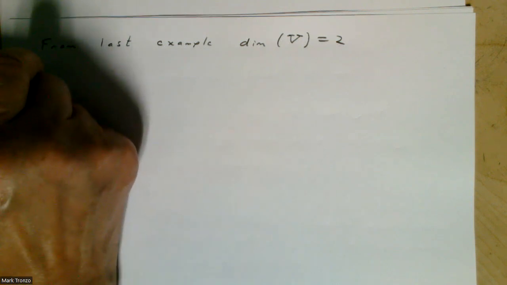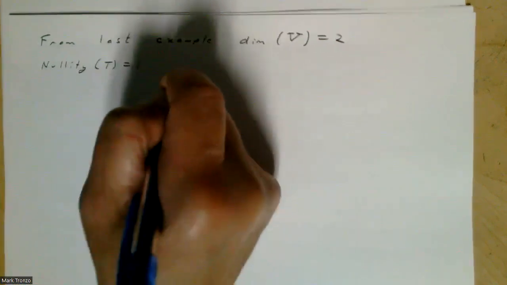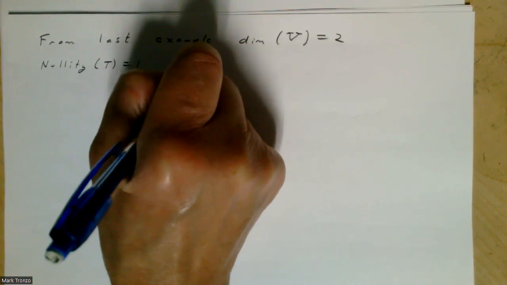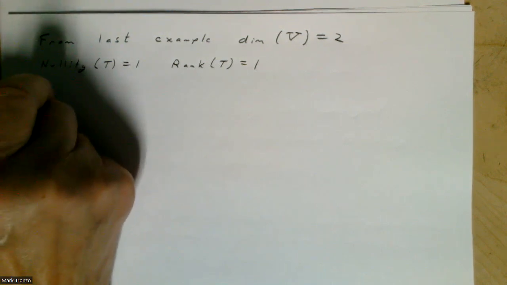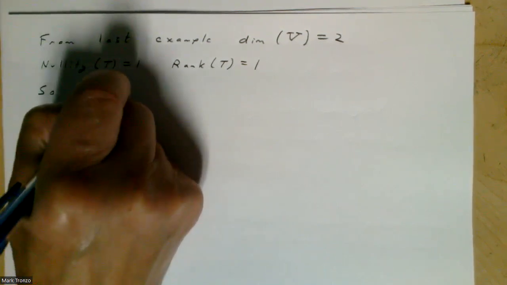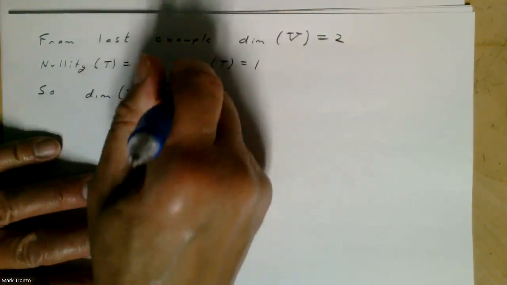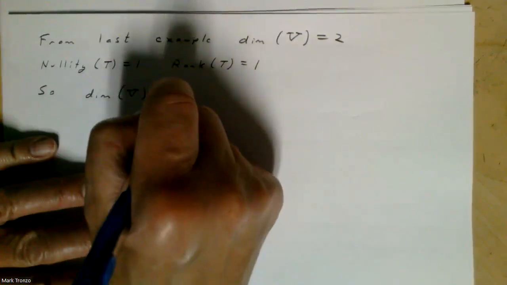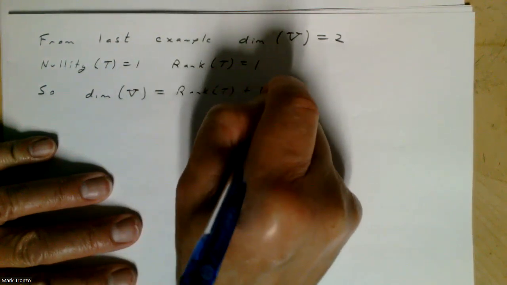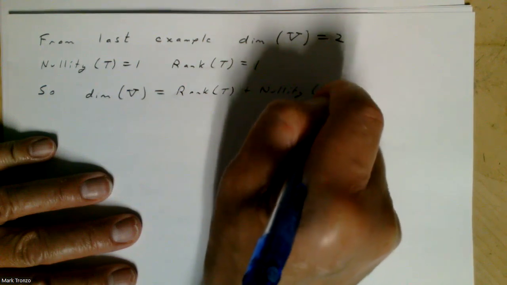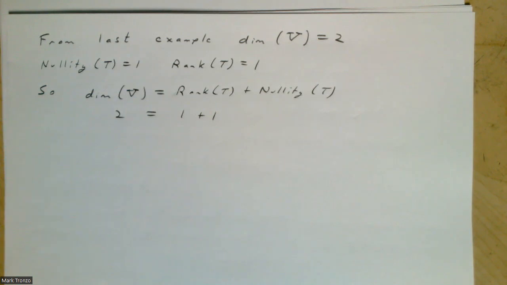And then we said the nullity of T was 1, and the rank of T was 1. So the dimension of V equals the rank of T plus the nullity of T. That all worked out because this was 2 and it's 1 plus 1. So that worked out.